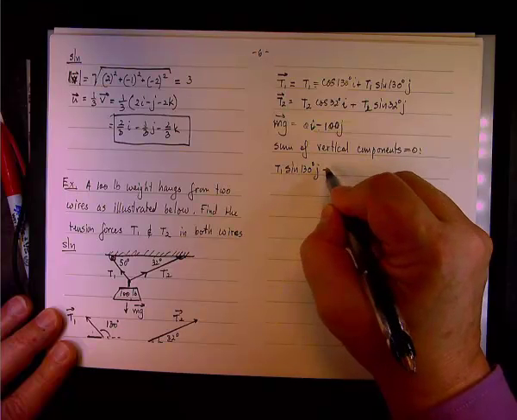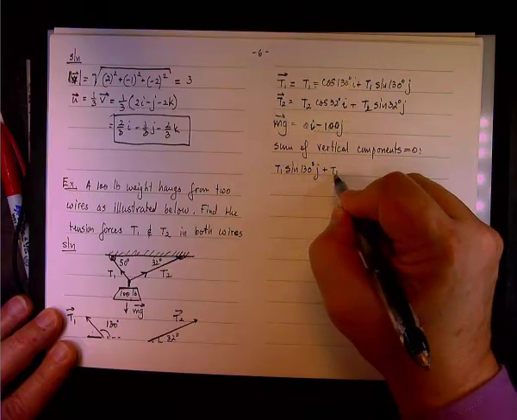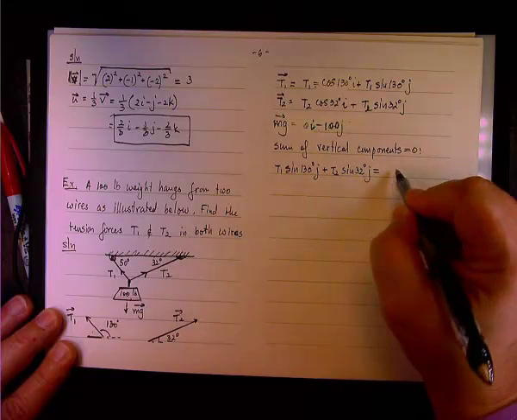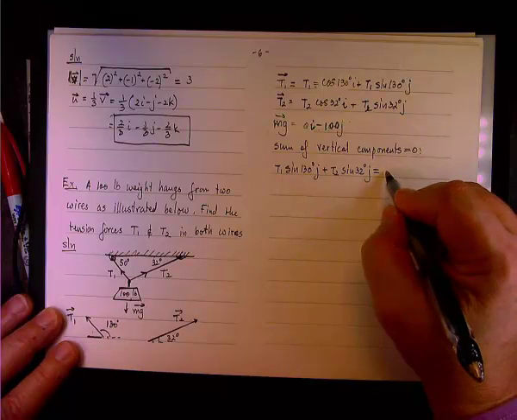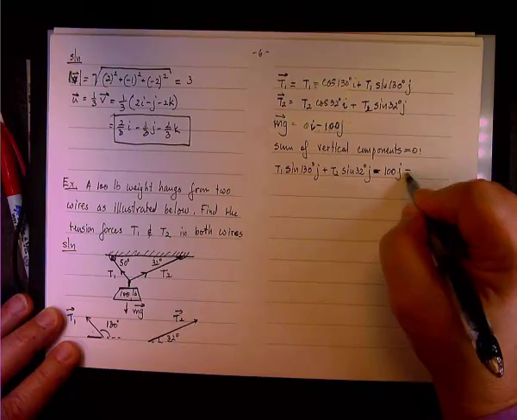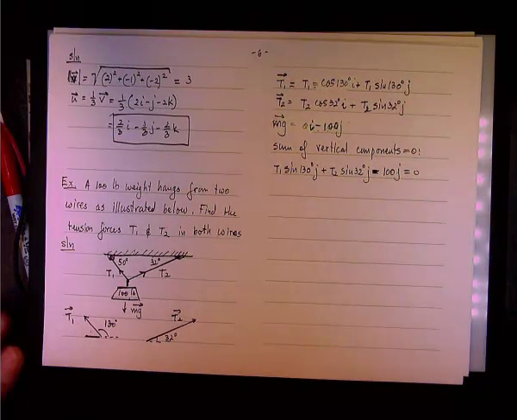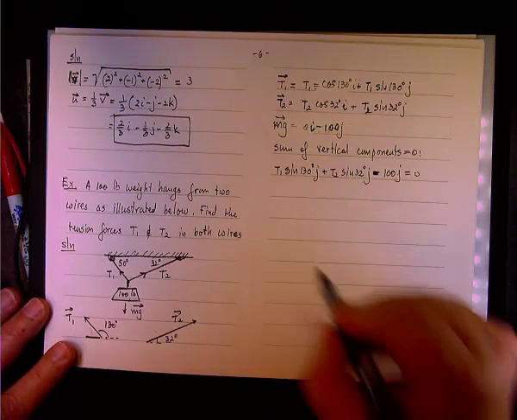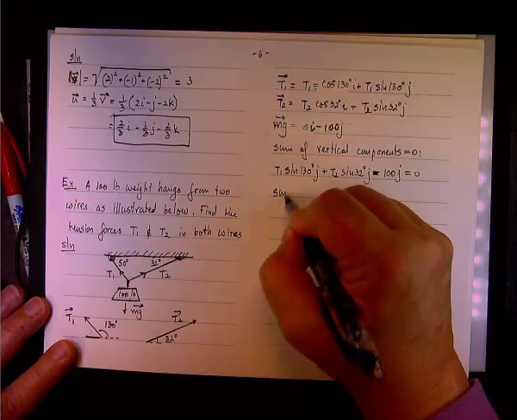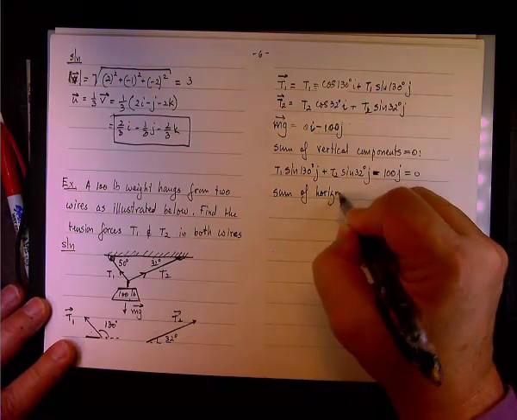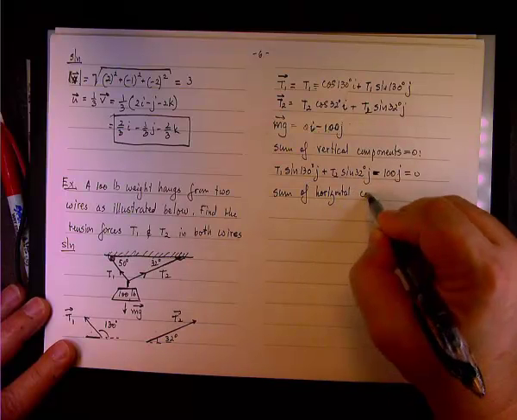And we're going to say that T1 sine 130 J plus T2 sine 32 J minus 100 pounds J equals 0. And from here, that would be one equation.